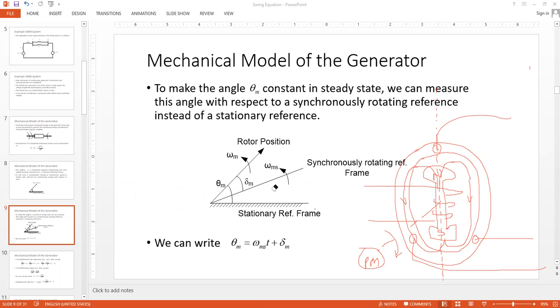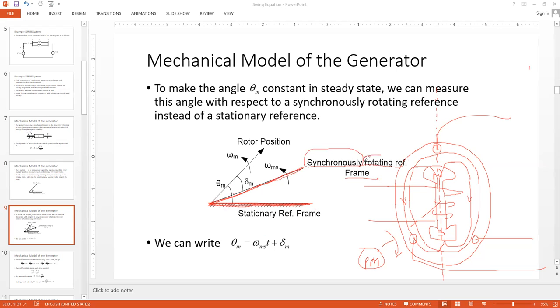So we introduce another reference frame, our second reference frame. The previous one was like the fixed wall for the moving car, and this is a moving wall, or moving reference frame. The speed of the moving reference frame is intentionally selected as synchronous.